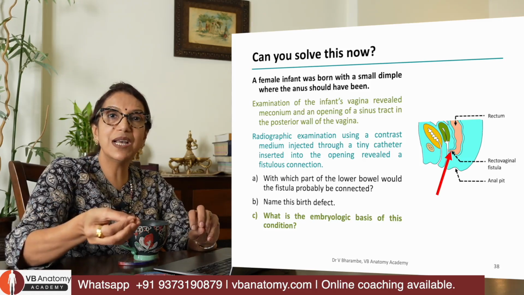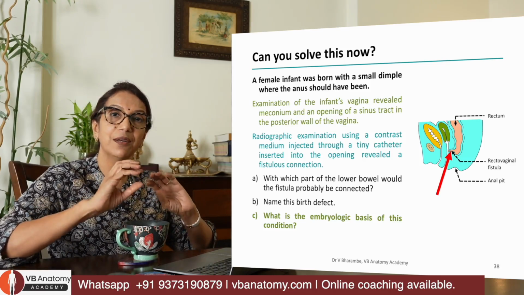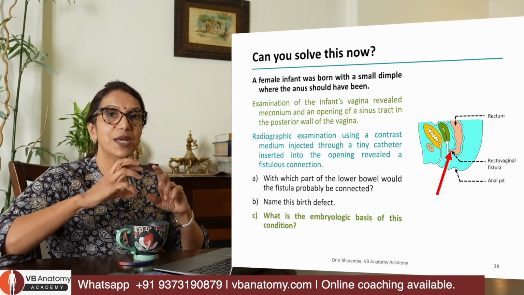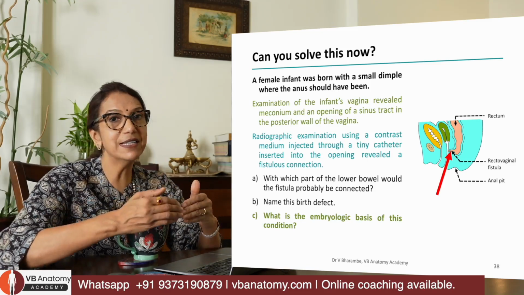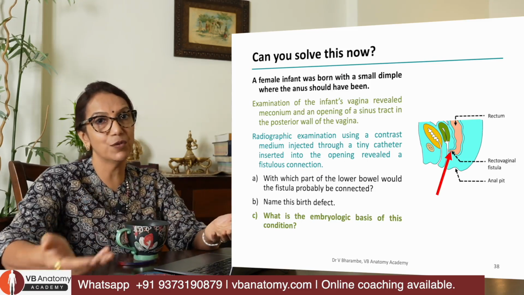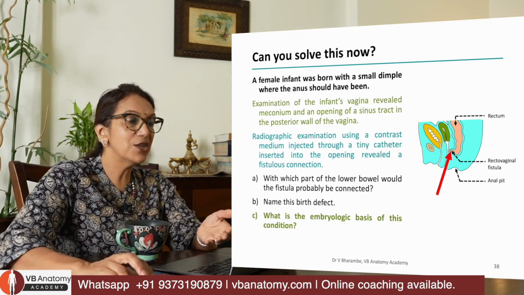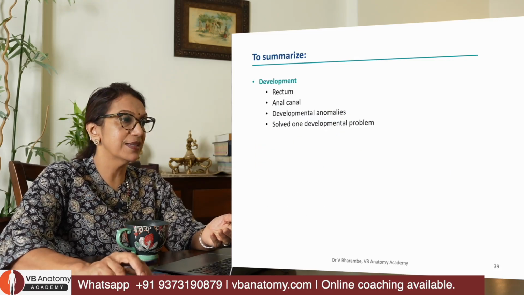The lower post-allantoic part of hindgut has not developed and the cloacal duct persisted. So there is a communication now between the developing rectum and the developing ventral structures, may it be vagina as in this case, may it be urethra if it was a male. That is the explanation that we have for this kind of rectovaginal fistulas.